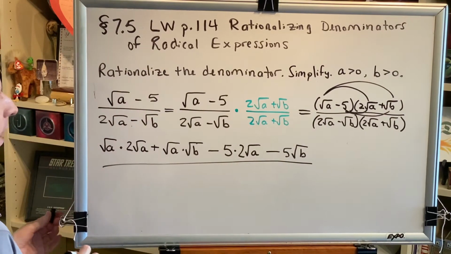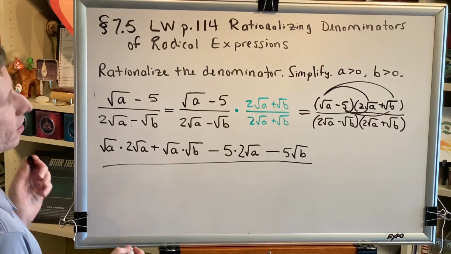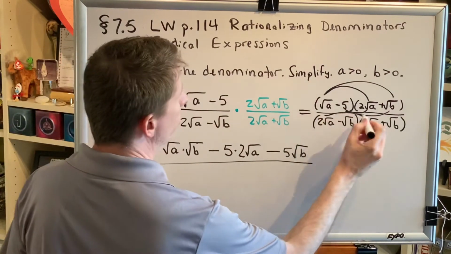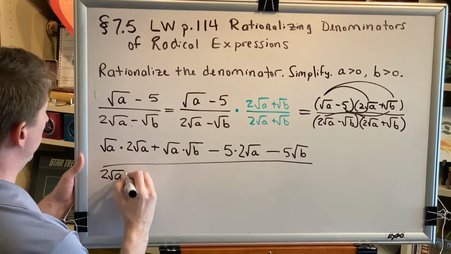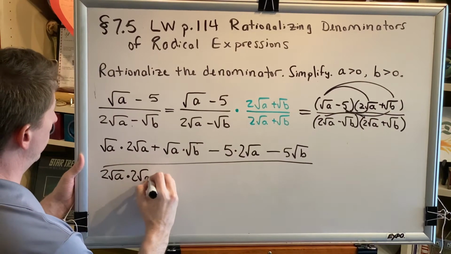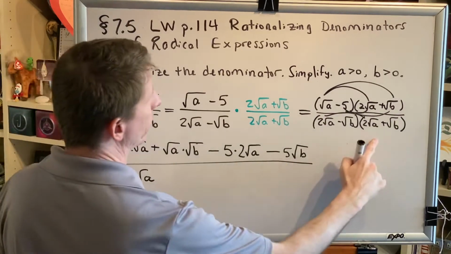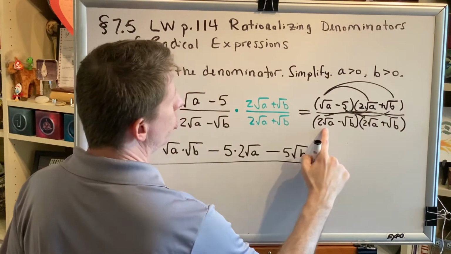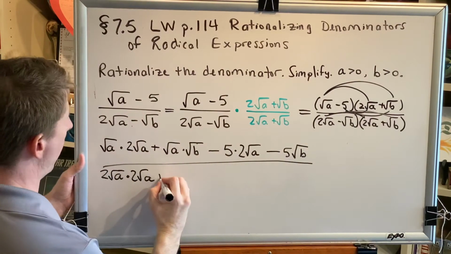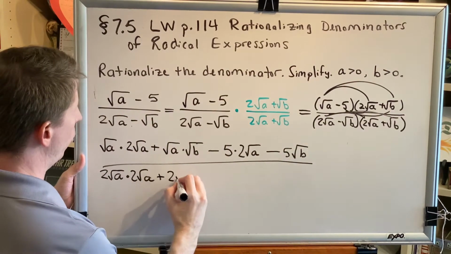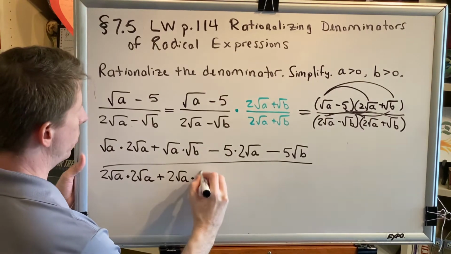Okay, now we're going to repeat that process down here in the denominator. All right, so 2 root a times 2 root a. They're both positive. Next, 2 root a times root b. They're both positive, so I'll write plus 2 root a times root b.